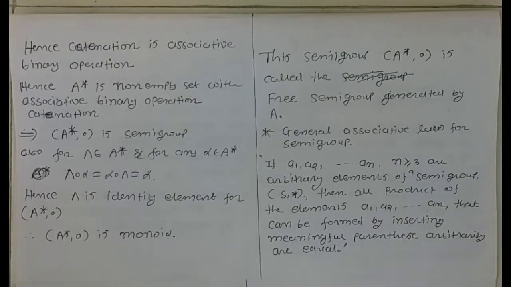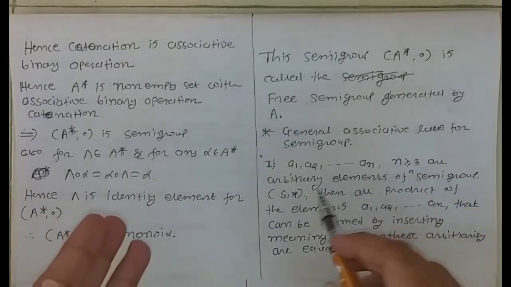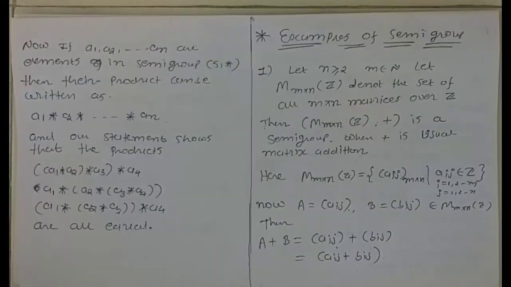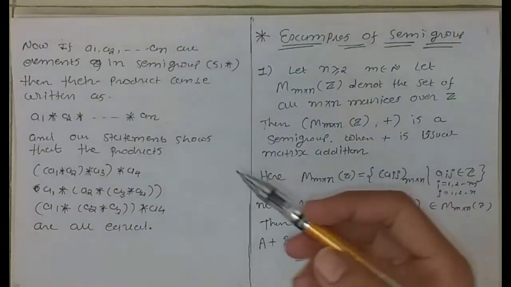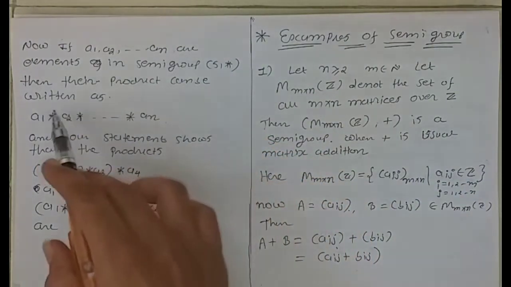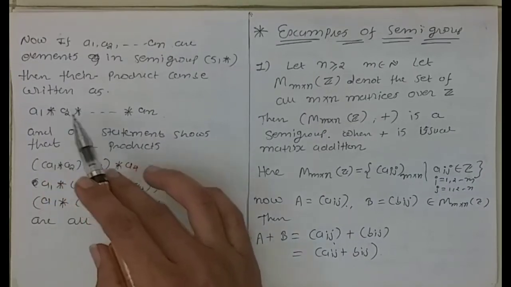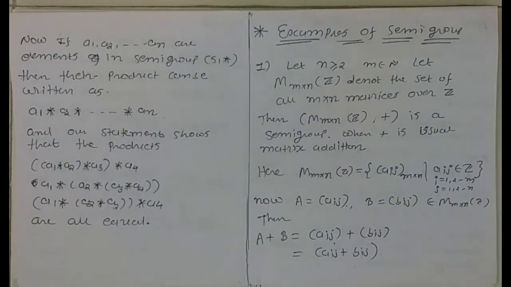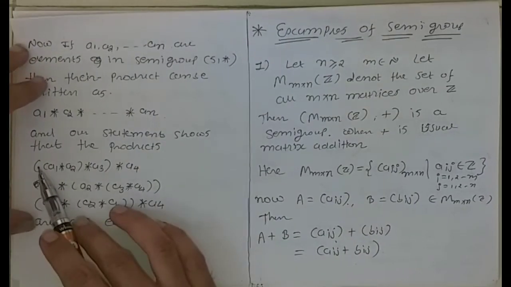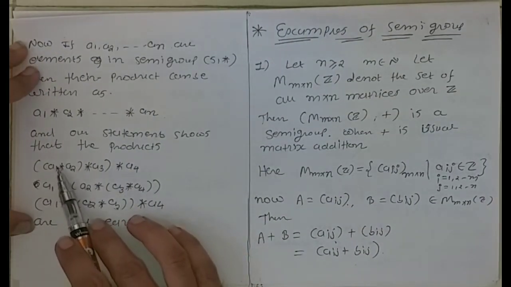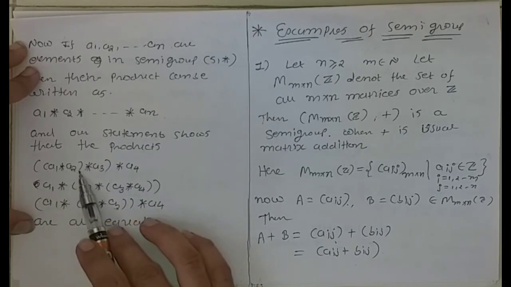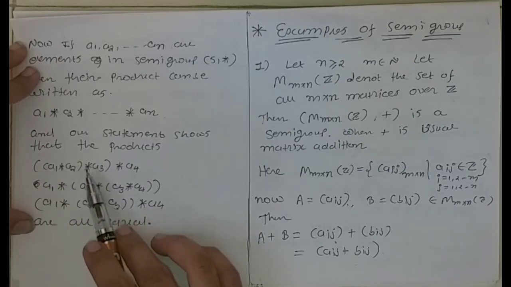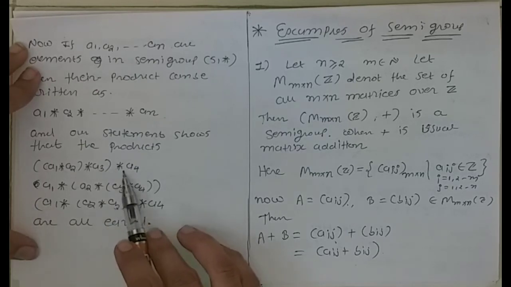First of all, we saw how we can denote the product of these elements. Now if a1, a2 and an are the elements in semigroup A star, then their product can be written as a1 star a2 star up to an. Okay, this is the notation for the product. The statement shows that the product, here it is the bracket a1 star a2, now here it is also a bracket, this is parenthesis, star a3, now the bracket is over, star a4.